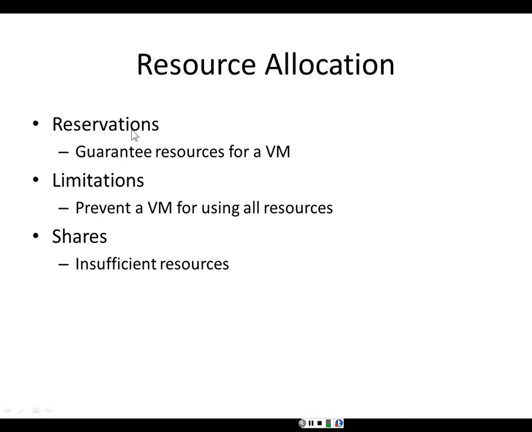Reservations make sure that the virtual machine has something. Limitations make sure a virtual machine doesn't take it away from everybody else. And shares proportionally divide the resources if there are insufficient resources. If there are sufficient resources, then we don't have to worry about shares.